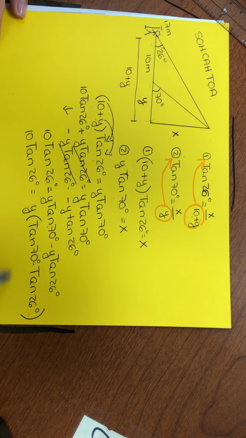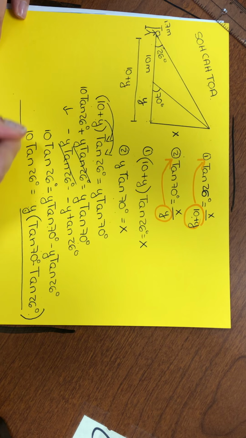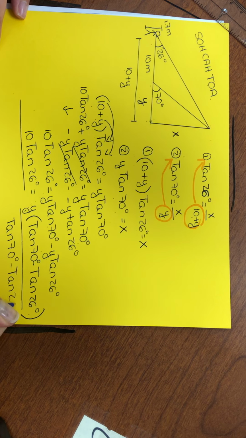So you have to take all of this to the other side. Since those two are multiplying, you will divide. So you have to divide both sides by tangent of 70 minus tangent of 26. So divide both by that.